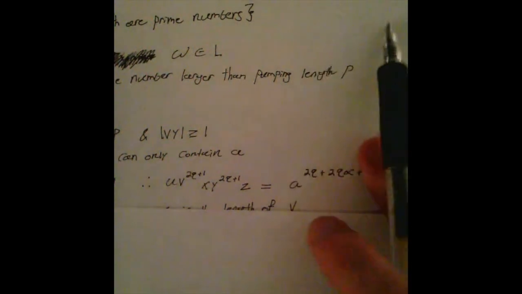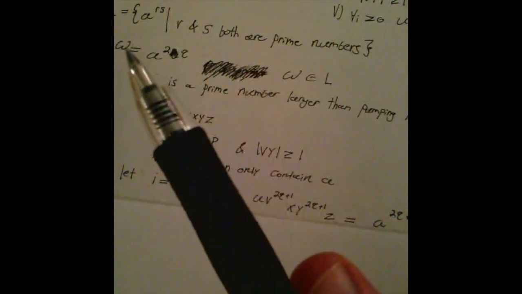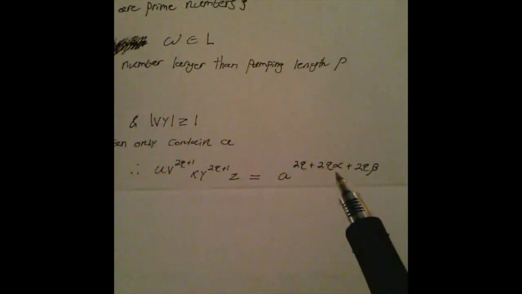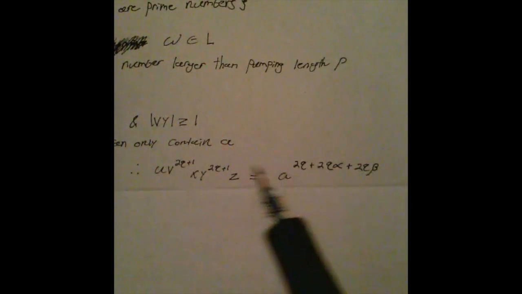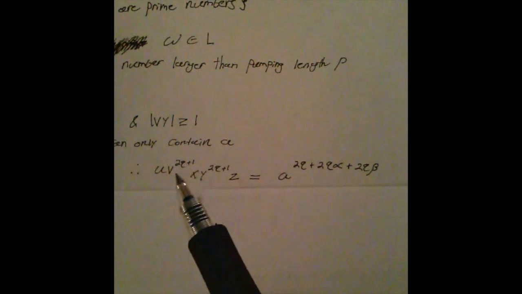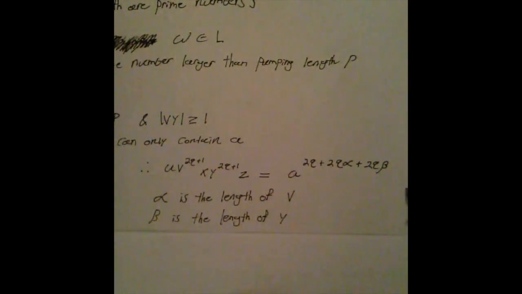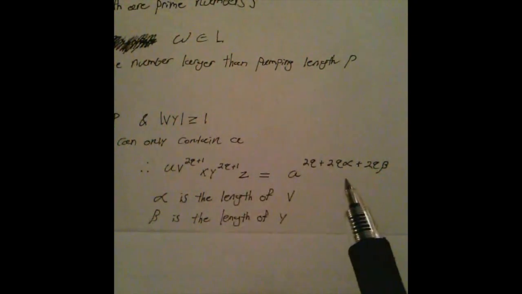That's coming from simply the fact that we know that the original omega has 2q a's, and then we get these other two terms, 2q alpha plus 2q beta, because we're adding an additional 2q v's, and we're adding an additional 2q y's, and the alpha is the arbitrary length of v, and the beta is the arbitrary length of y. So that's where we get our knowledge of how many a's we have. This is the most important part to understand. It's the central part of the proof.